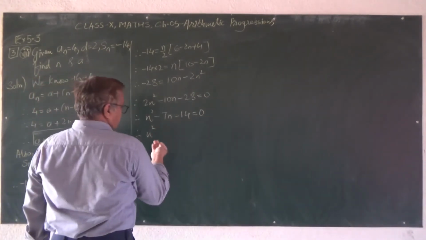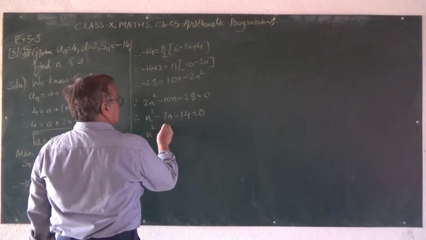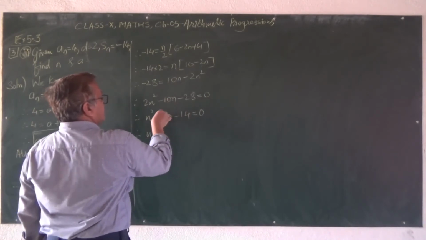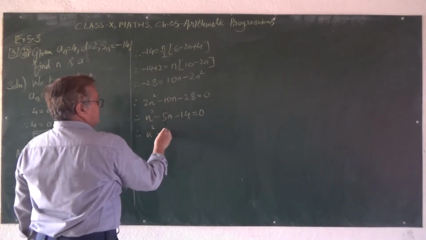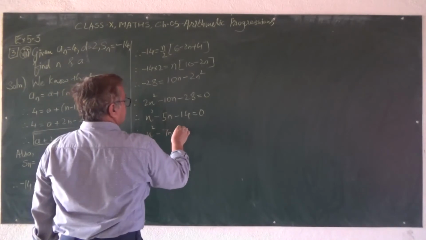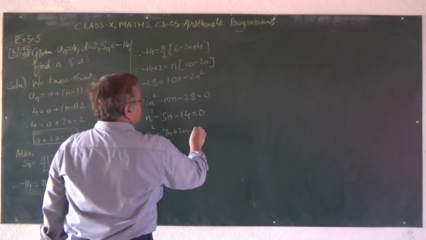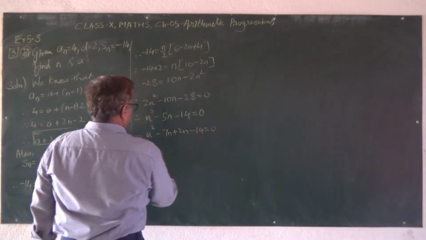So we can write directly, or I will factorize here. It is minus 7n plus 2n minus 14 is equal to 0.